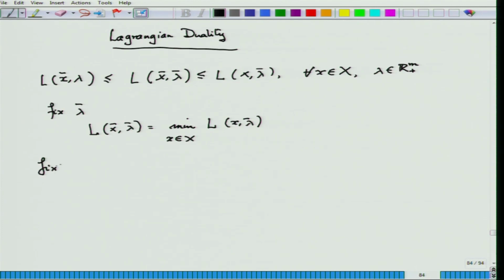Now, fix x bar, then L(x bar, lambda bar) is a supremum value. We take it as a maximum value because if I put lambda equal to lambda bar, they are equal. So, it is the maximum over lambda element of R m plus of L(x bar, lambda). So, here x bar is fixed, here lambda bar is fixed.